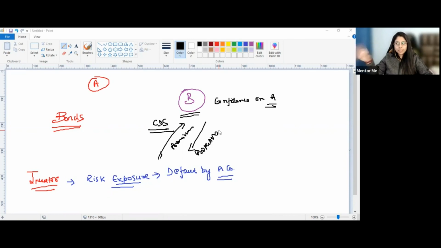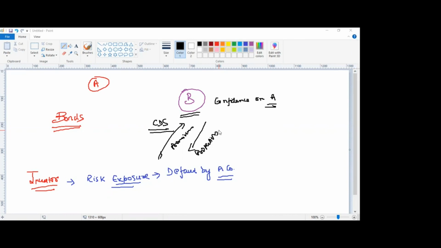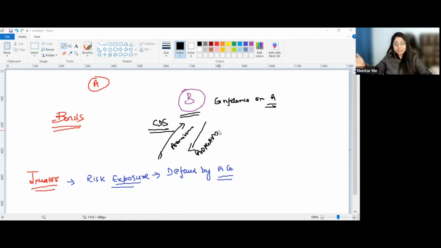So when the medical issues are there, or smoking history is there, or age is more, premium is high. Likewise for CDS also, the premium would be higher as the credibility is lower. ठीक है, जितना credibility कम होगा कंपनी का, उतना ही प्रीमियम हायर होगा. जितना credibility ज्यादा होगा कंपनी का, वहां पर प्रीमियम कम होगा.